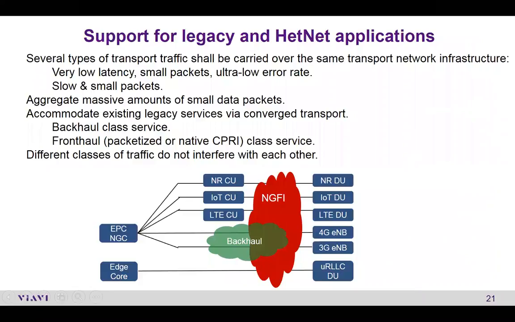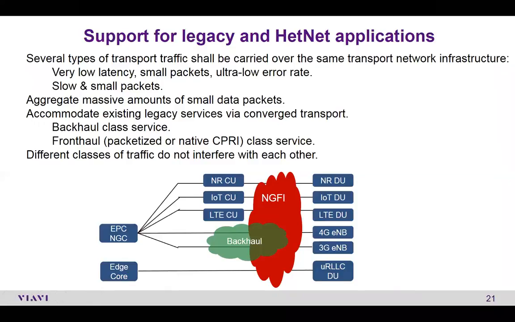You can have next-gen radio with IoT and 4G LTE all riding over this same physical network, fiber network, even backhaul together. And the way you distinguish and manage all these different conflicting requirements is by having network slicing and prioritization control, preemption, all of that.